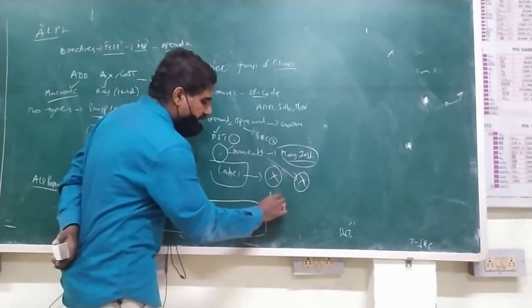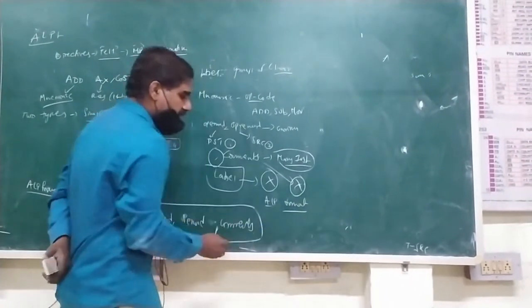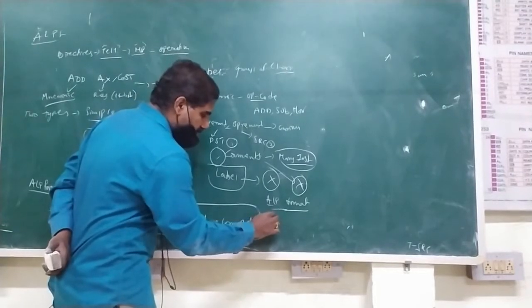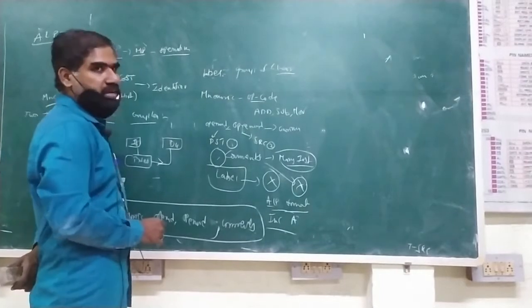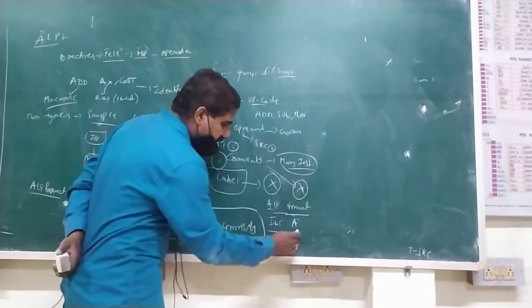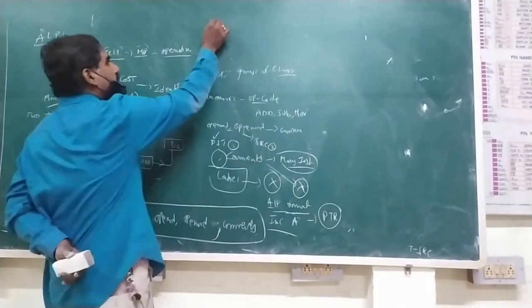In ALP format, if we write increment, we must say which register is to be incremented. In this we are using PTR, an attribute, which is used to increment a byte.